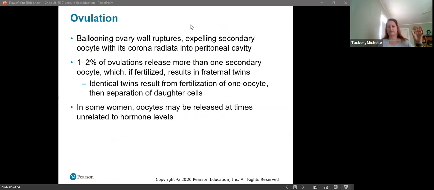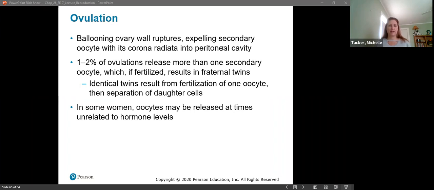So we have 11, 14, 18 days of the follicular phase. Then we get an ovulation event. There is a series of reactions that weaken the ovarian wall at that site, and then it ruptures, expelling the secondary oocyte.